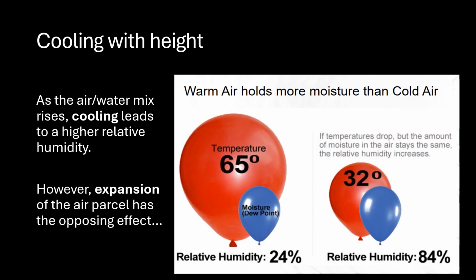Cooling with height is therefore quite complicated. This is because the parcel of air will expand, and because of the expansion, it cools. This is why we refer to air cooling with height as adiabatic cooling. However, the water vapor within the parcel of air behaves rather differently.